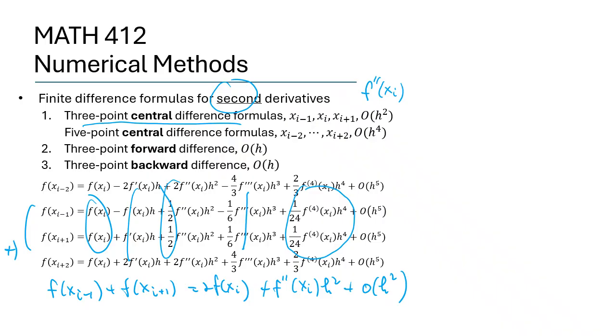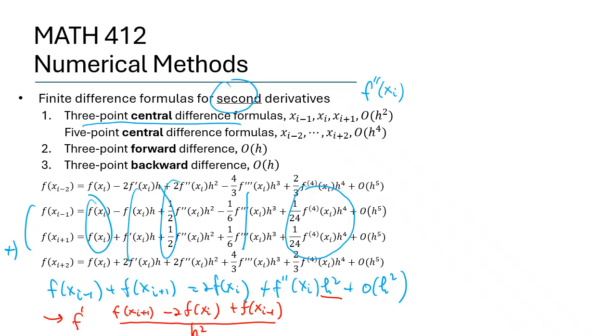Okay, nice. Therefore, we know the formula. It's f of x_{i+1} minus 2f of x_i plus f of x_{i-1}, divided by h squared.